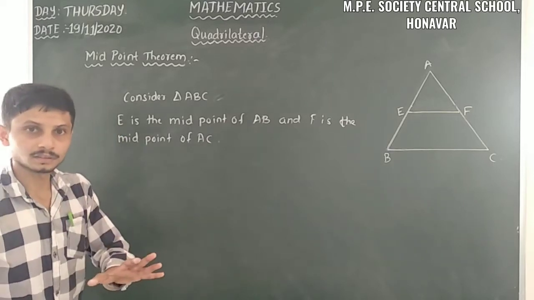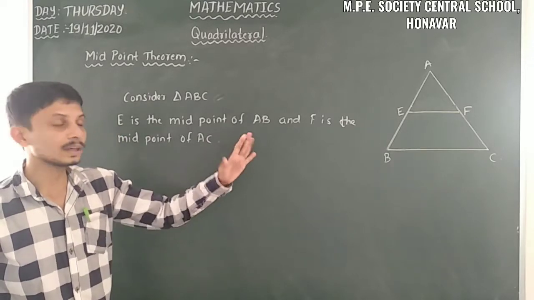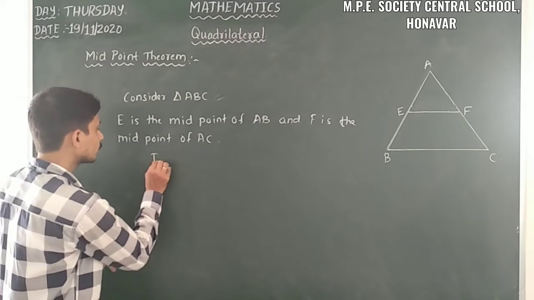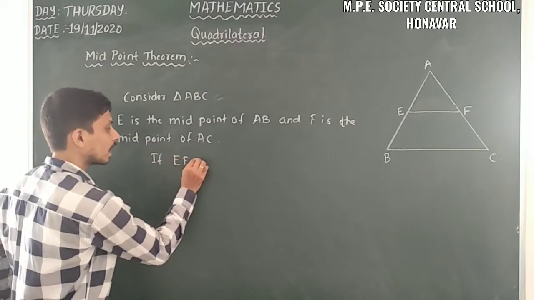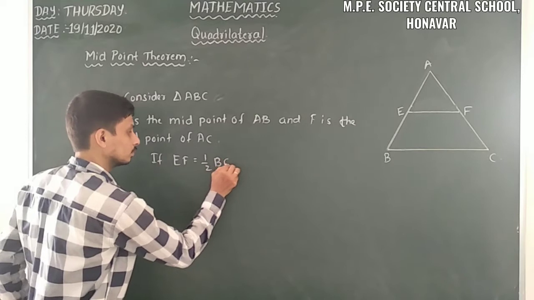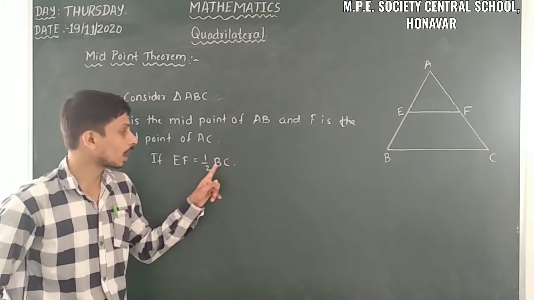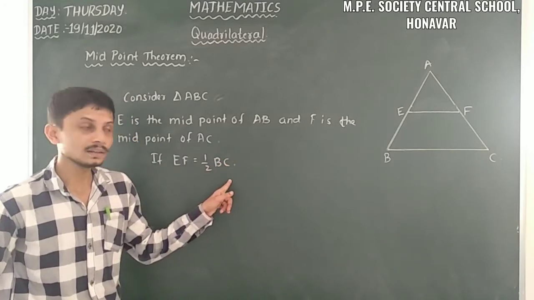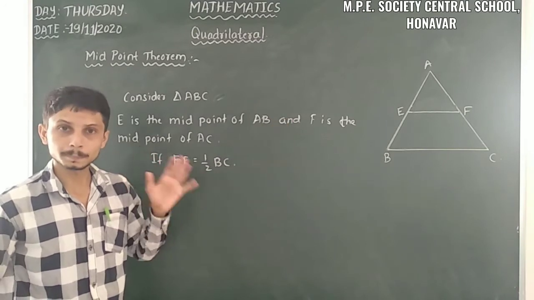Then if you measure EF and BC, if EF is equal to half into BC, then EF is parallel to BC.